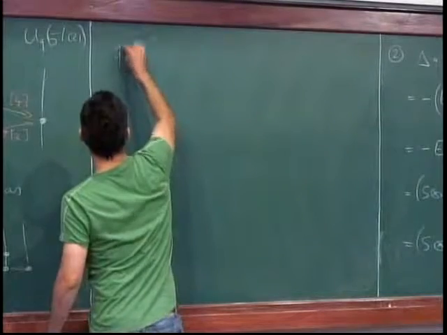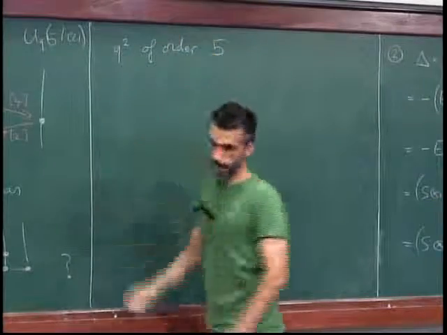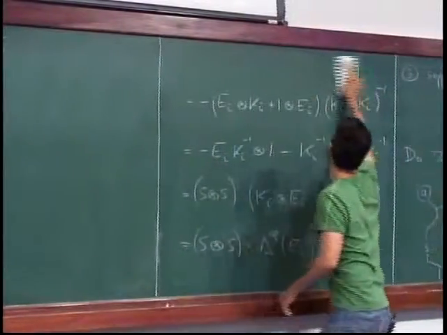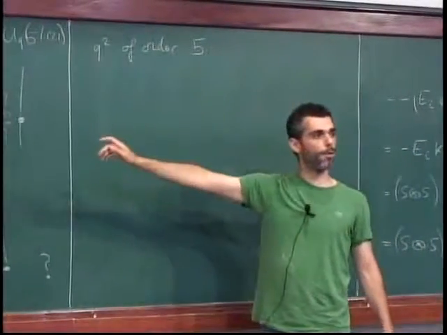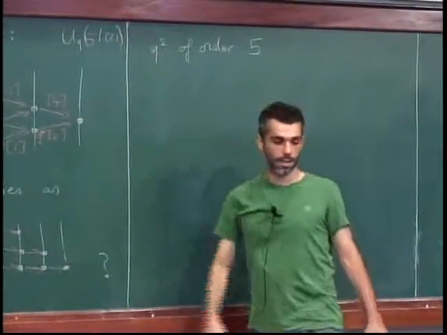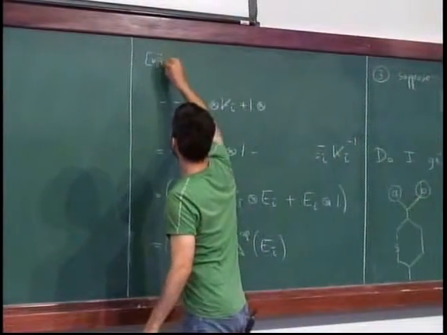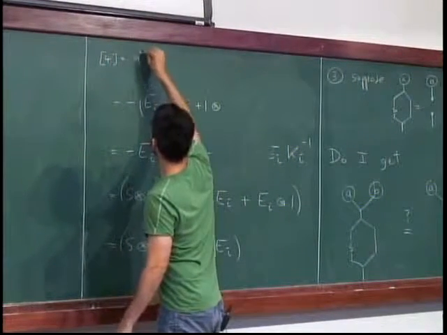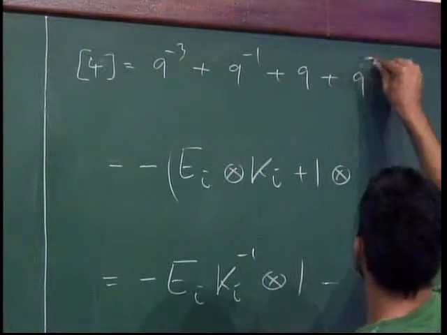So I'll take q squared to be of order 5. In this whole story, I'm always taking q to be an even root of unity. And this is somehow related to the fact that I defined the quantum number n to be, well, let me get an example. Quantum number 4 is q to the minus 3 plus q to the minus 1 plus q plus q cubed.